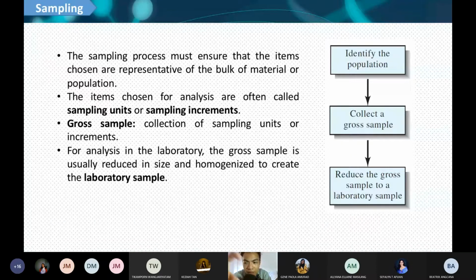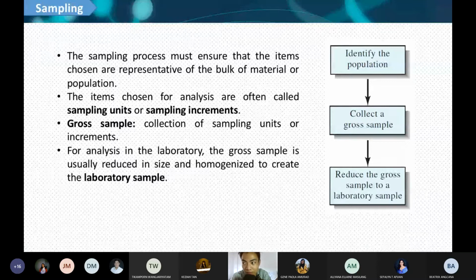So that means before you go into your laboratory analysis, the sample size has been reduced significantly, and that's okay, because you're not going to analyze all of them, your gross sample. You're just going to analyze the representative of that sample.